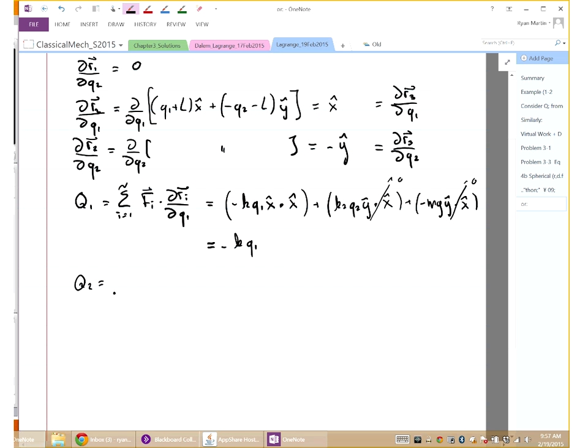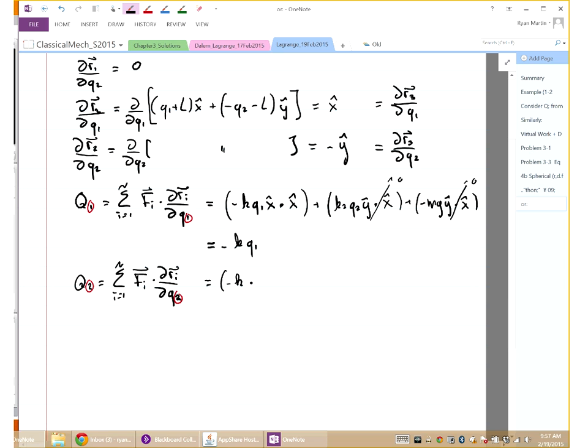The second term now, we need Q2. That's defined to be the sum from i equals 1 to capital N of Fi dotted with ∂Ri/∂Q2. All right, so I'll highlight the fact that that's where the indices appear, because it's easy to get confused about what it is you're summing over.